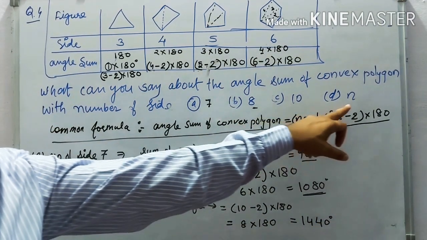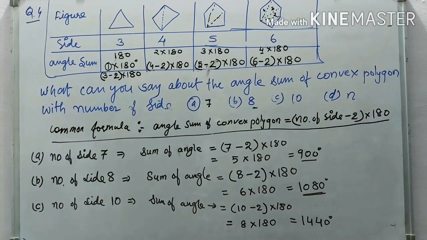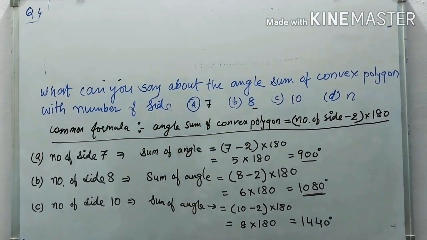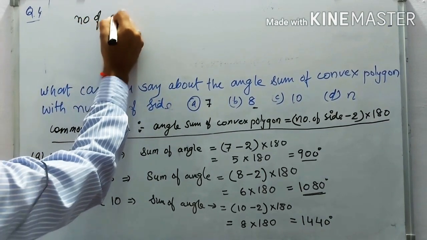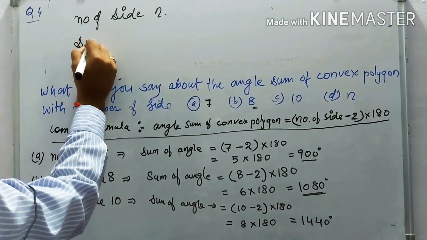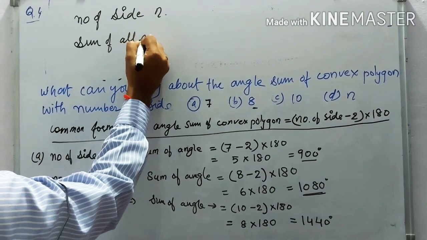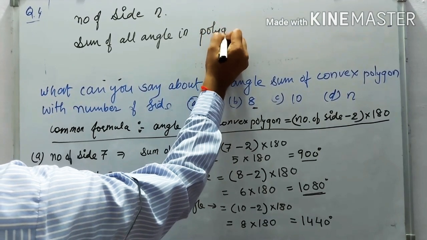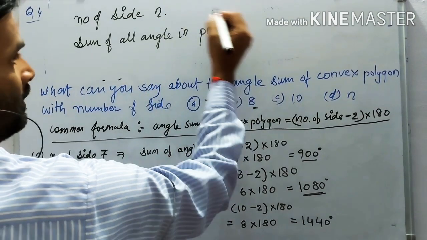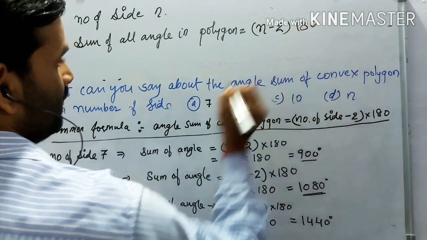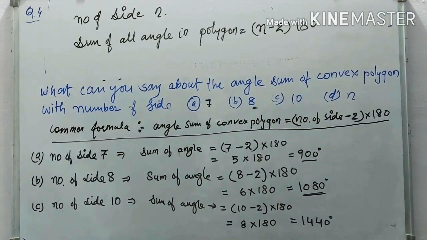And finally, the number of sides is n. The sum of all angles in a polygon is equal to (n minus 2) into 180.